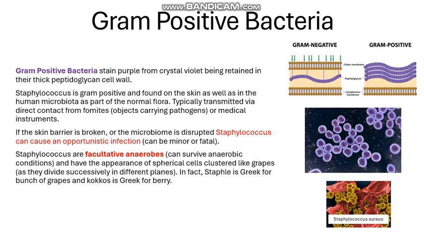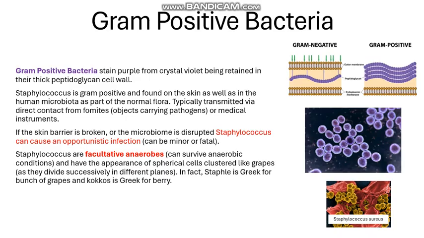They only actually cause an infection if our immune system barriers become broken, like if you damage your skin, or if these normal microbiota are moved around from where they usually live in your body to another area where they shouldn't be. It can cause what we call an opportunistic infection, which we'll get more into later.